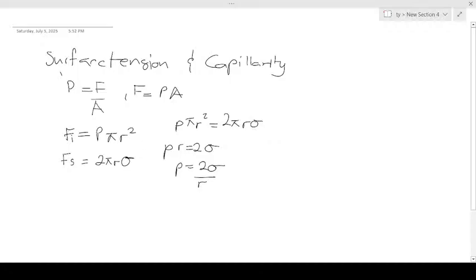So this formula relates pressure and surface tension.